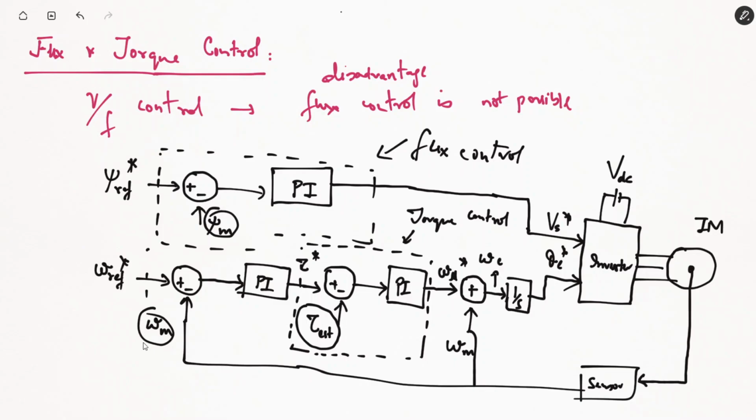Besides, we have an outer speed control loop as well.